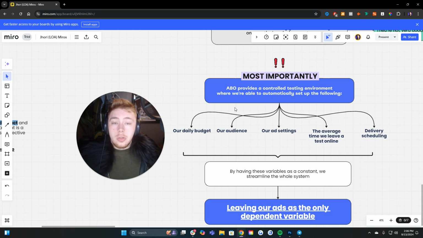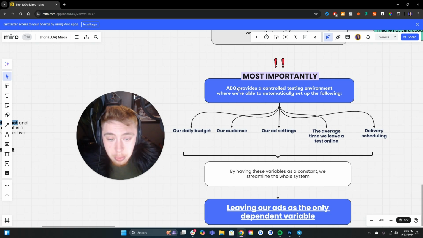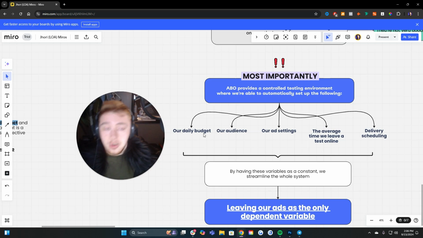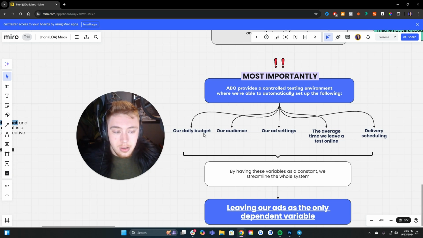And so, the controlled environment that ABO provides allows us to set a set daily budget for every creative test, choosing one audience, which means we limit the variables that we're testing at the same time. We have congruent ad settings. We leave tests online for an average amount of time, and we deliver the scheduling at the same time every single day.